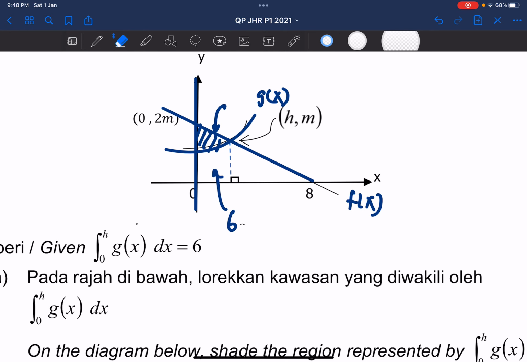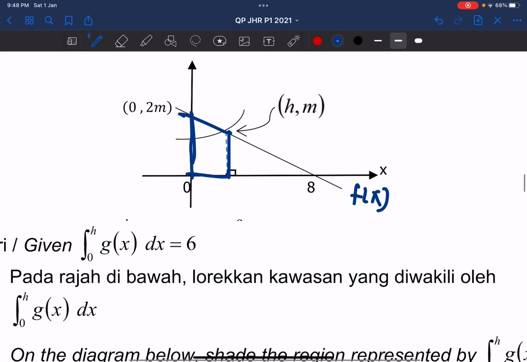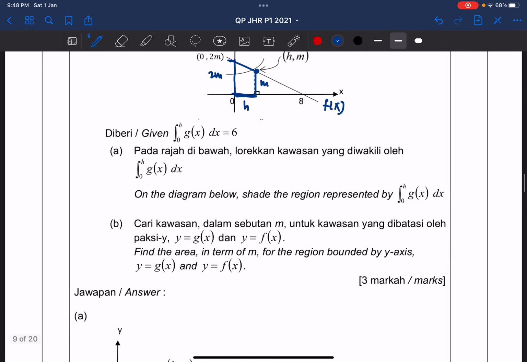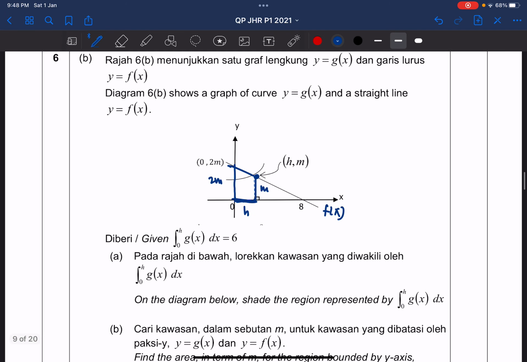So in order to find the area of this trapezium, you need some information. You need the height, which is 2m, this height also, which is m, and also this part will be h. But they just want it in terms of m. Okay, no problem.